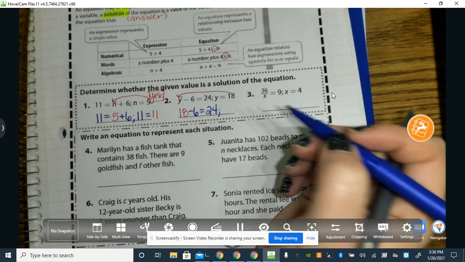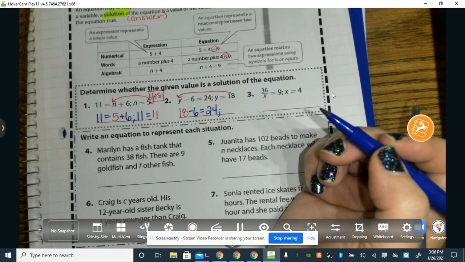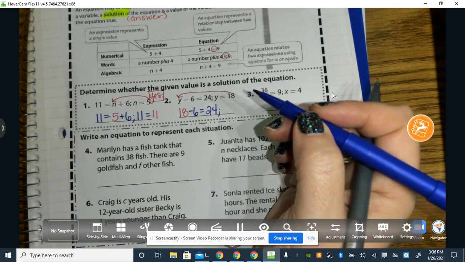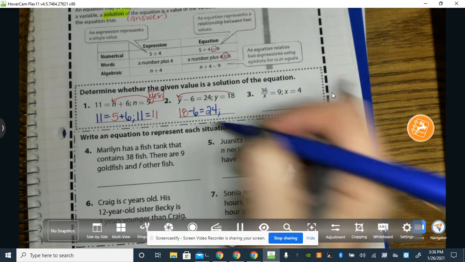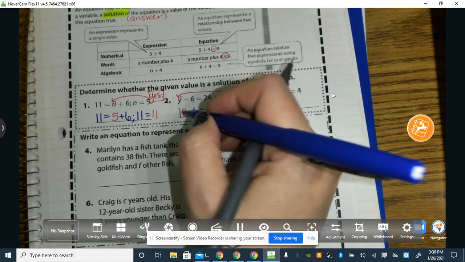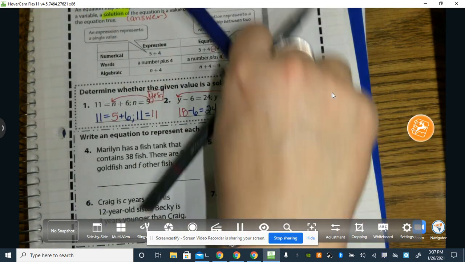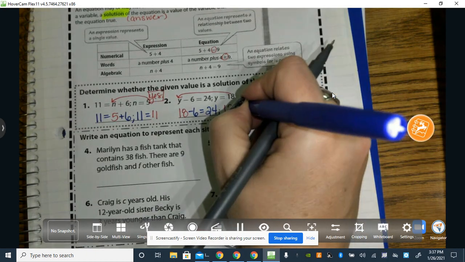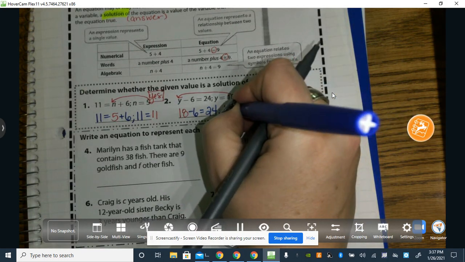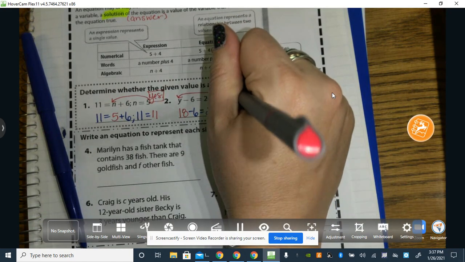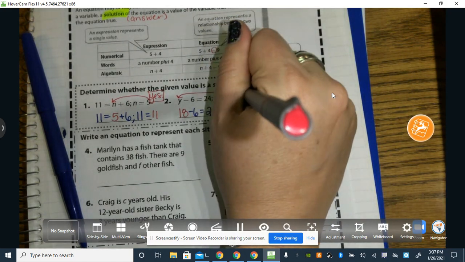Well, I can look at this and see that 18 minus something is never going to give me anything bigger than 24. So 18 minus 6 gives me 12. Is 12 equal to 24? No, they are not equal. I'm going to put an equal sign and put a line through it, meaning that no, they are not equal.